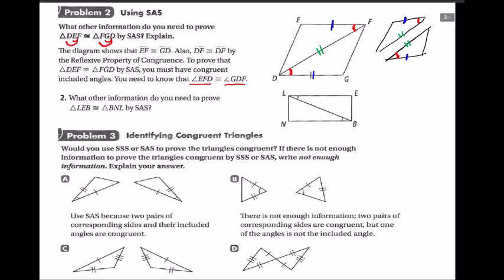Do those angles look like anything you recognize? Did you say, hey, if we had some parallel lines, those could possibly be alternate interior angles? If you said that, you're right. All right, so go ahead and pause and figure out the next problem.